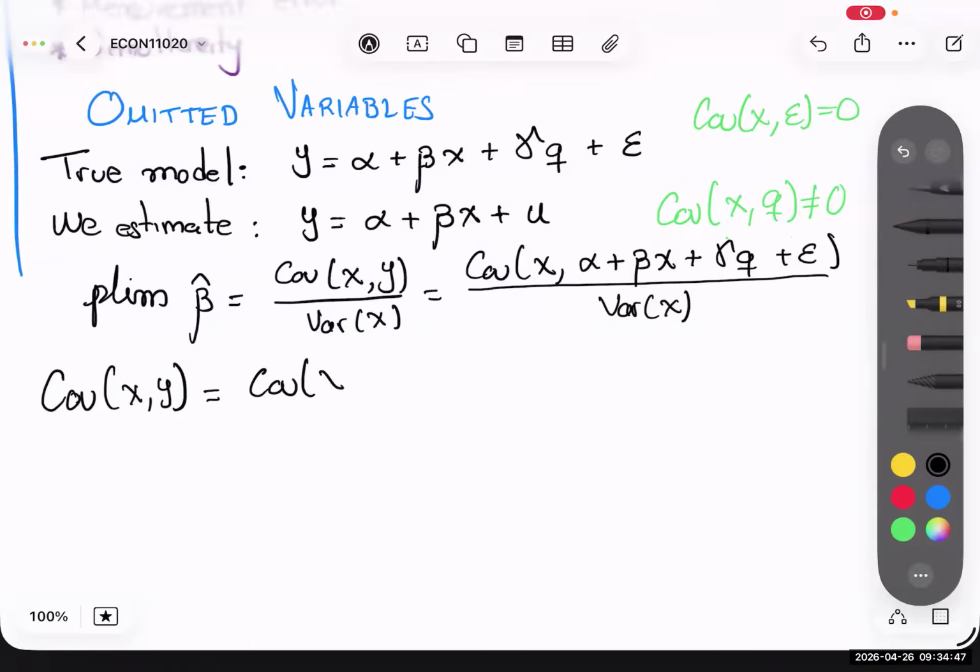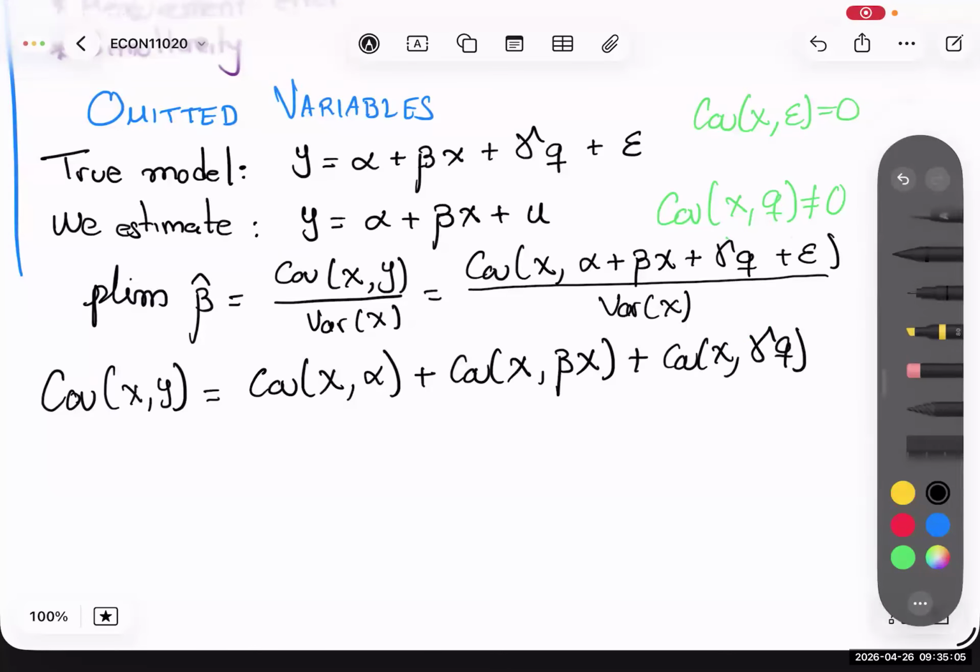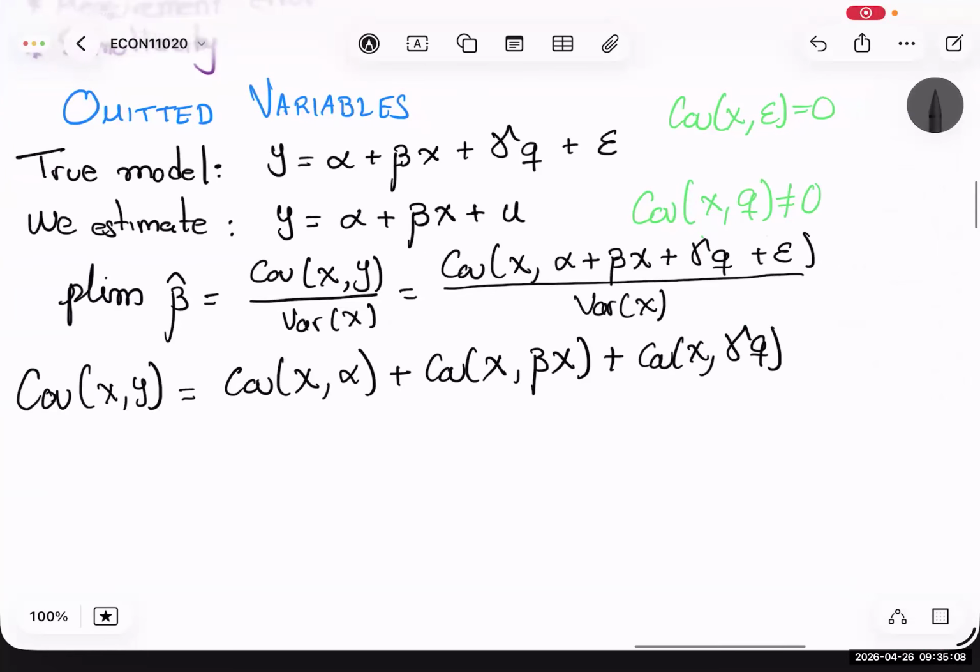But if you see here, what we have is covariance of x and alpha, plus covariance of x and beta x, plus covariance of x and gamma q. And the last pair that we form is covariance of x and epsilon. We can continue simplifying, right? Because the first one is 0.